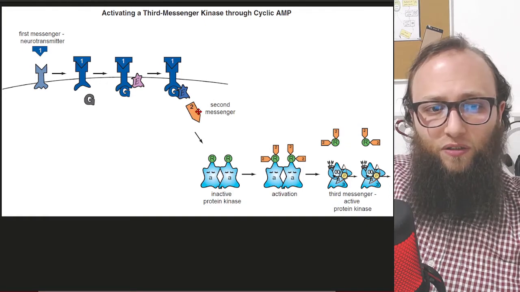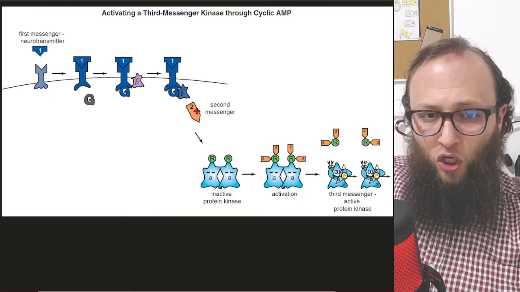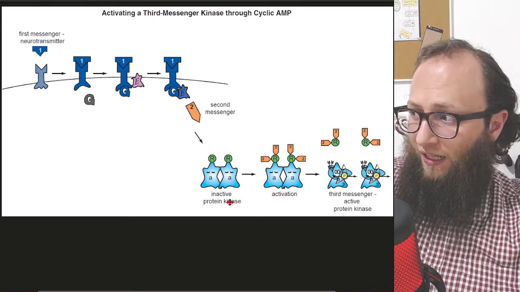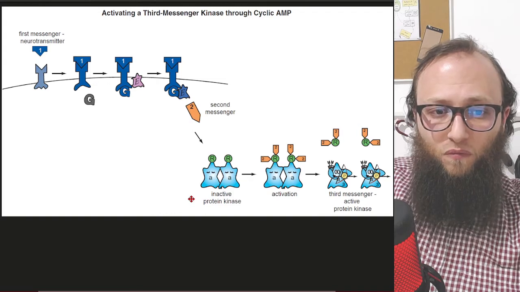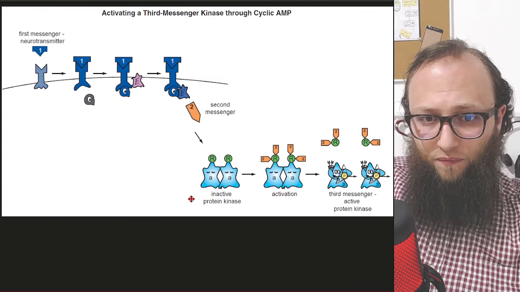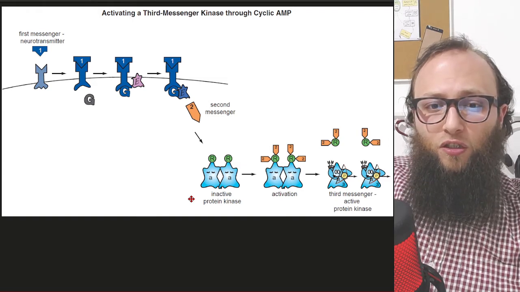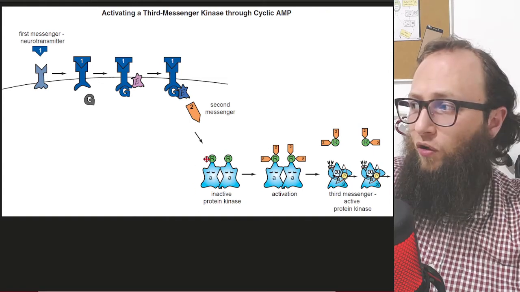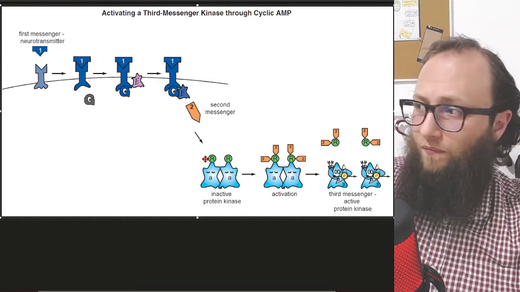Some second messengers activate intracellular enzymes known as protein kinase, like in this example. So we have inactive protein kinase here. This enzyme, the protein kinase, is shown here as inactive, but with something called R here, which is the regulatory unit.